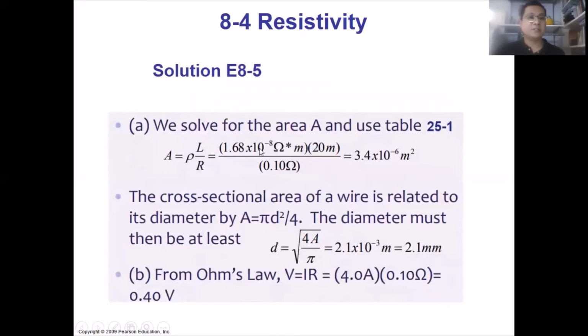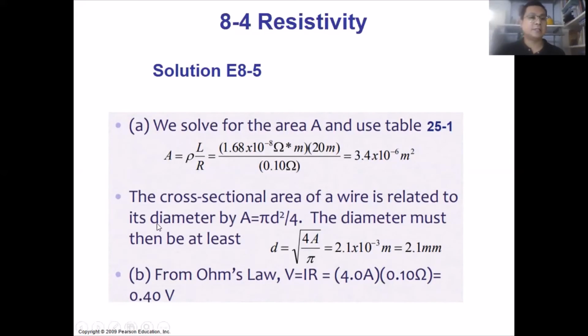Solution: we solve for the area first, the area of the wire. We have length as input, and then the resistivity, and also the resistance. So the wire area is 3.5 times 10 to the negative 6 meters squared.